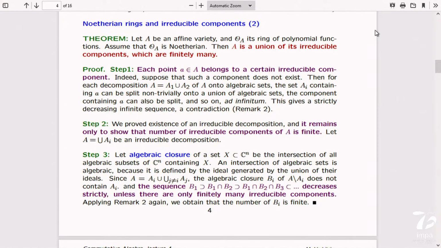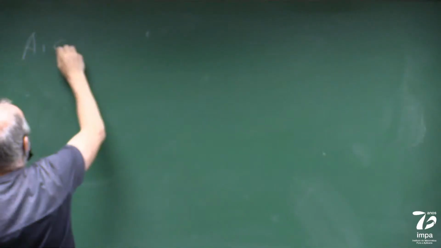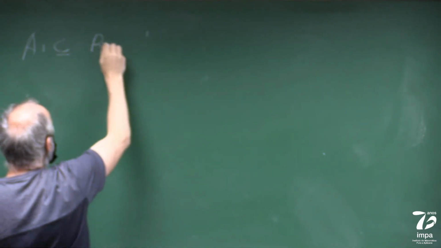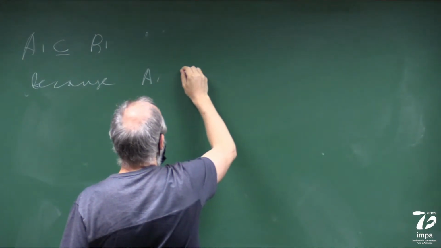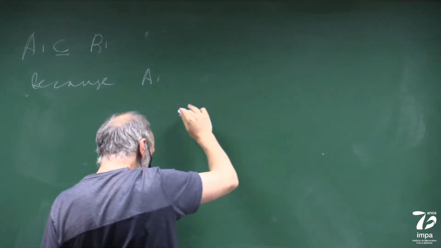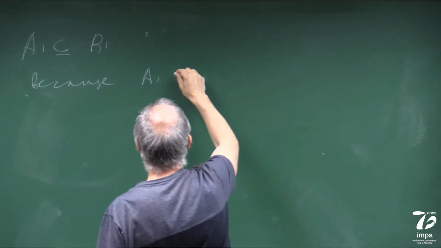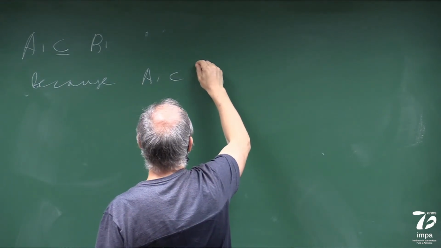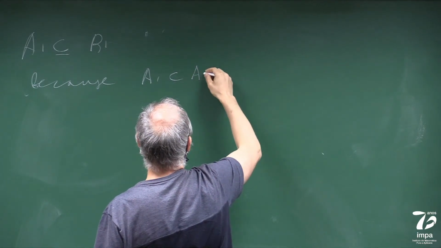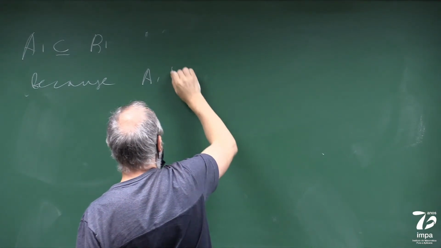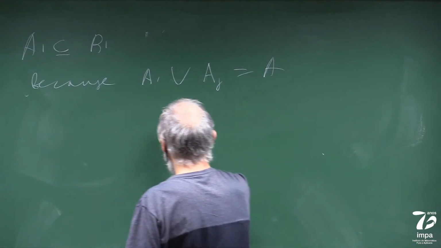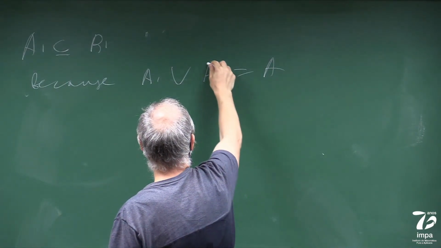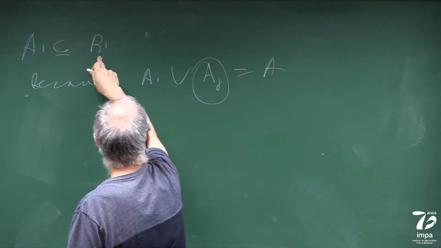AI does not belong to BI because AI is an irreducible subset, and AI union with something, Hj, is A. It's an irreducible component, and then this already contains BI.